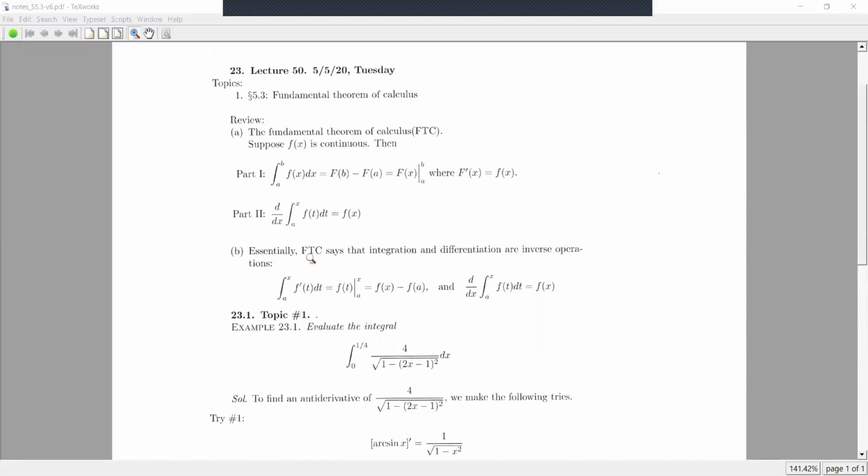So essentially, the fundamental theorem says that integration means taking the integral, and differentiation means taking the derivative. These two operations are inverse operations.